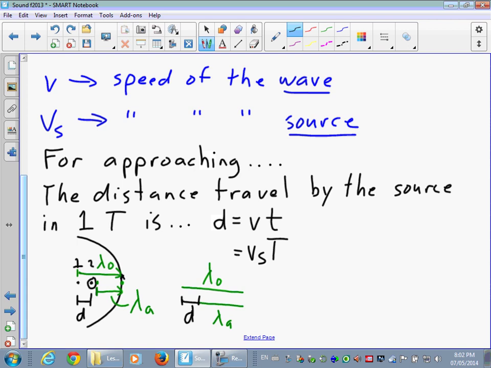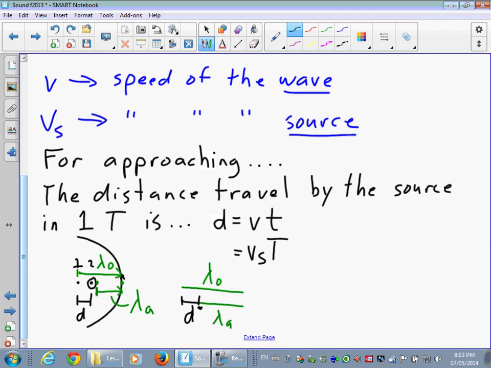It really should be completely overlapping it, but obviously if I try to draw a diagram where it's completely overlapping, it would just look like another dot. So at one period after the first wave is emitted, the second wave is just starting to be emitted. So the wavefront would be totally overlapping position 2. So that's why in this little area right in here between D and lambda A, there's no space in there. So once D stops, lambda A begins.